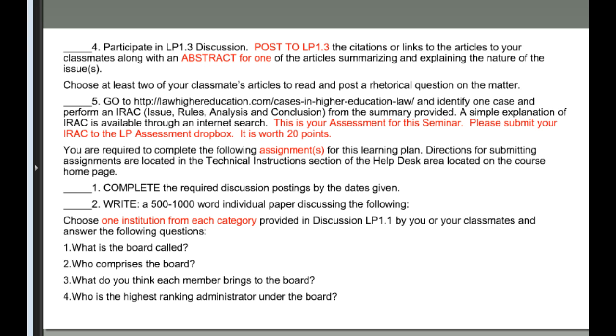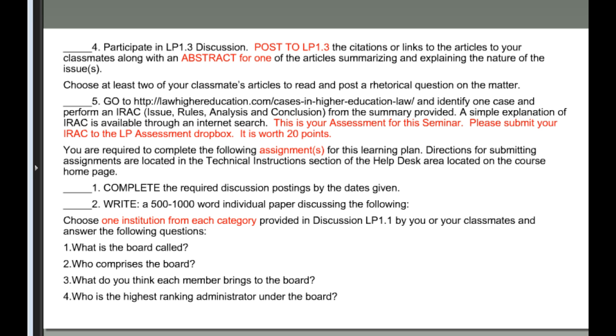I really want you to take some time to do this because this will make all the cases that you're looking at in the future much easier to look at and read. If you can boil them down to the issue, what's the rule of law, how does the rule of law apply to the facts, and then what is the conclusion of the court.